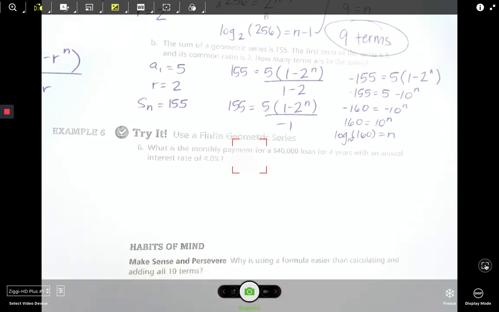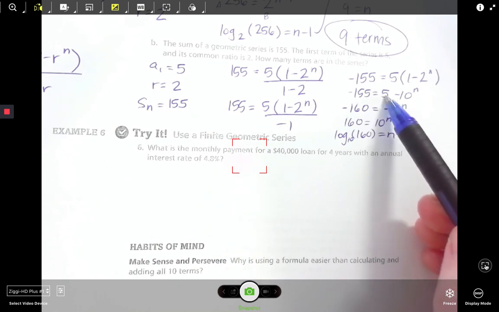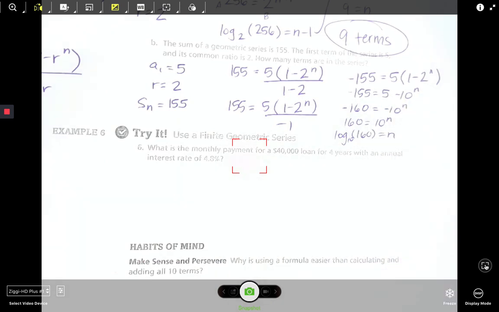Hold on, let's see where I subtracted 5, so negative 155. Hold on, because I'm not getting the answer I got earlier.